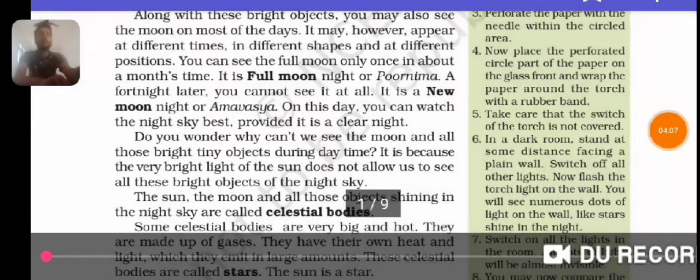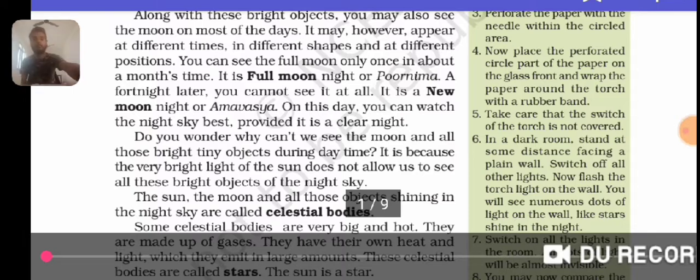We are not able to see all those twinkling stars, heavenly bodies, and the moon during the day because of the bright light of the sun.